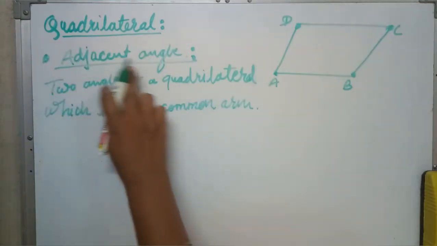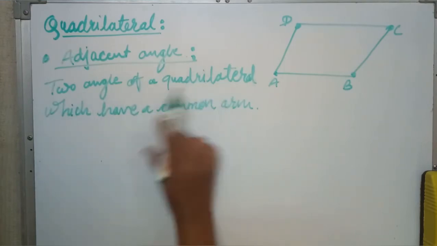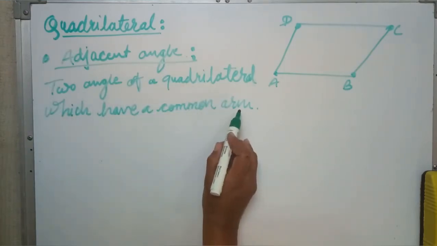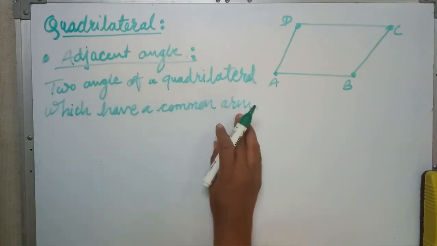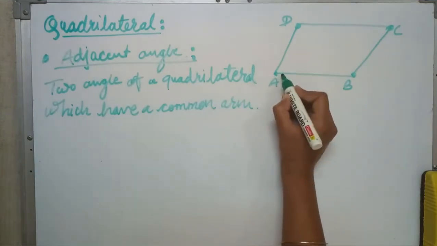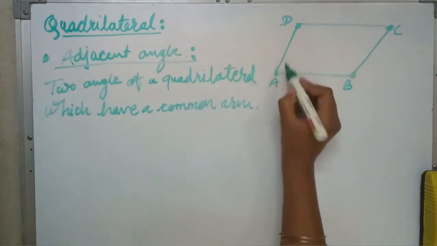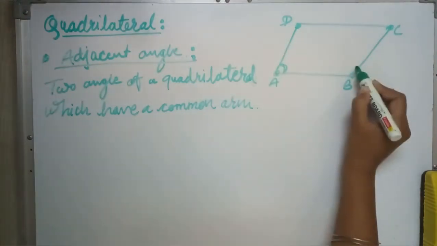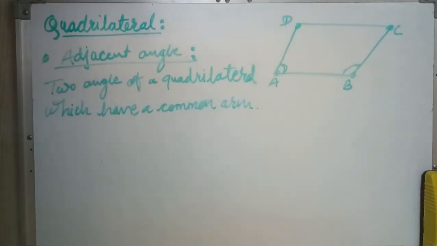Now let us see adjacent angles. Two angles of a quadrilateral which have a common arm are called adjacent angles. Common arm means, if I take this side, this angle and this angle are lying on the same line, which is AB.